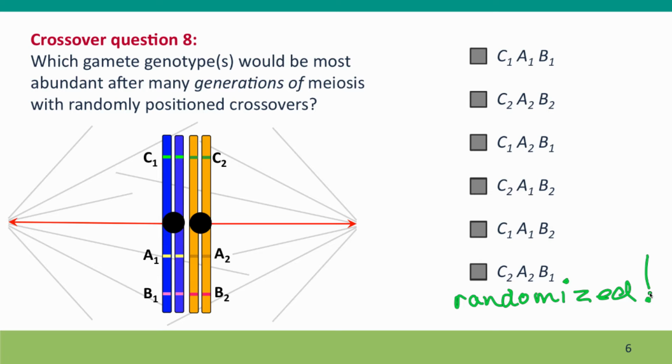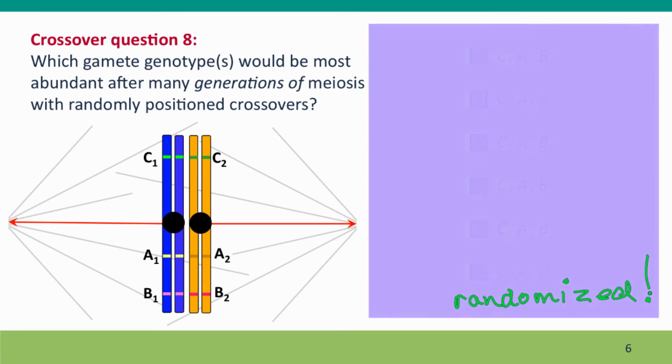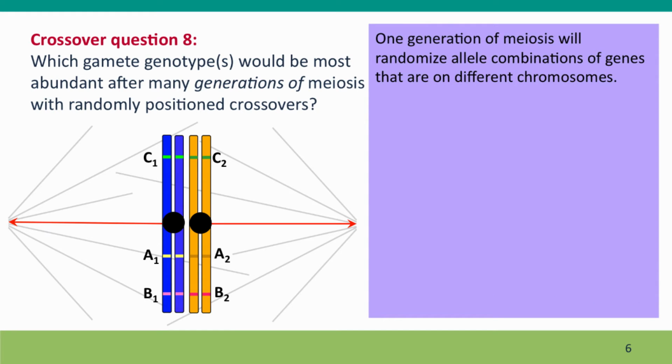Now, this is an important point, so I'm going to emphasize it in another way. If we just had one generation of meiosis, when we think about alleles that are on different chromosomes, one generation of meiosis is all that it takes to randomize the allele combinations.